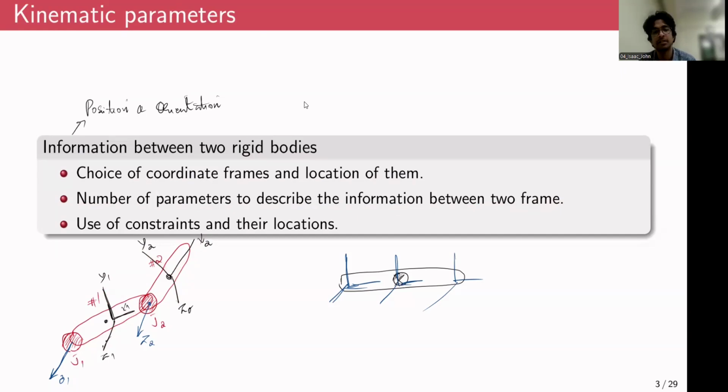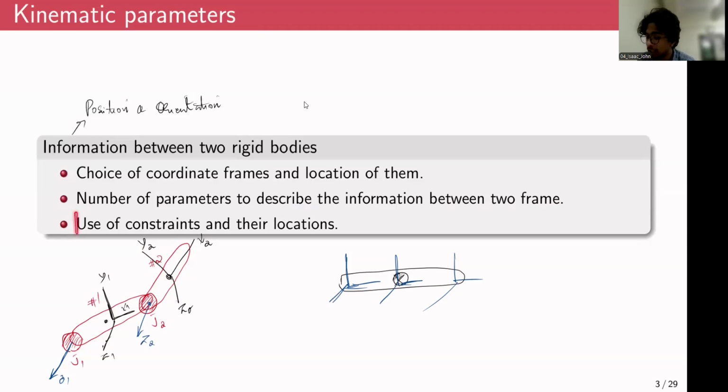Like in the previous classes, we have seen we require 6 parameters. 3 parameters for position: if you know the position of the first frame, you need x, y, z to locate the position of the second frame. And you would also require 3 more parameters to convey the orientation. So typically, we require 6 parameters to describe the relative position and orientation between two frames.